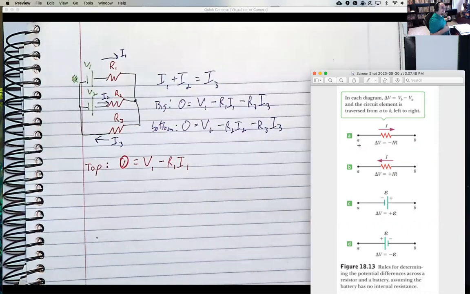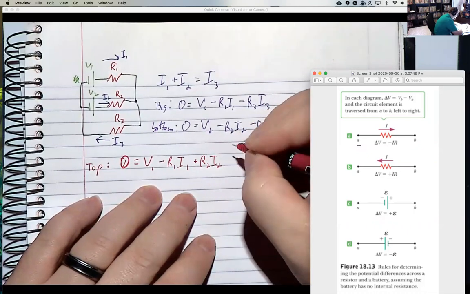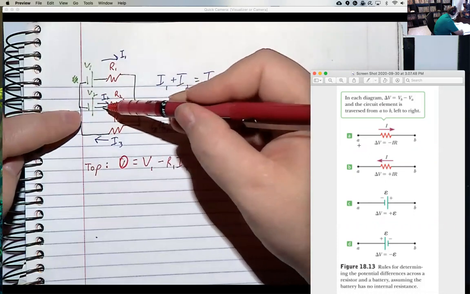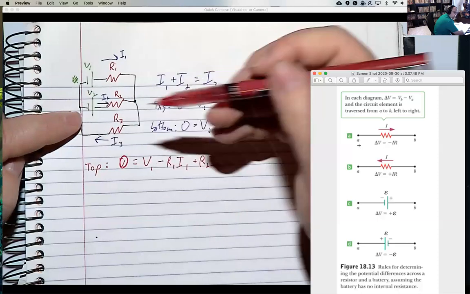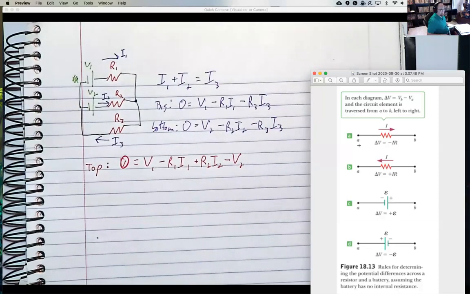If you go against the current in your loop, you don't subtract the resistance, you add the resistance. If I keep going, I then take this battery and I'm going from the big line to the little line. I'm going from my positive to my negative. So I'm going against the battery too. So I wouldn't add the battery, I'd subtract the battery. And that would be my last loop.